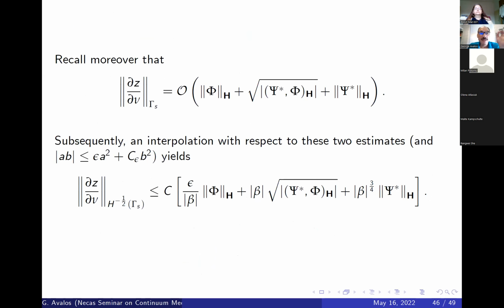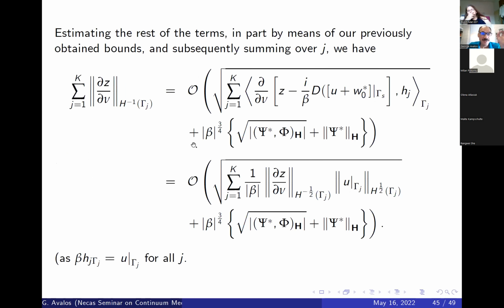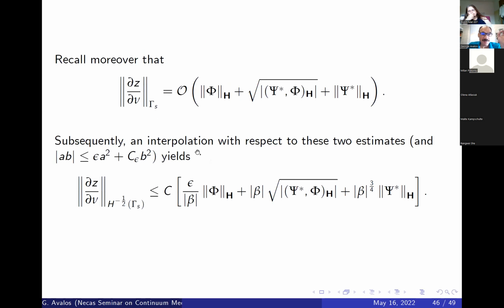So now we use our bad estimate coming from Grisvard's multiplier for the L2 estimate. We interpolate between this bad estimate and this good estimate, but the topology is too weak, so as to obtain this estimate in -1/2, which again is not quite what we want.